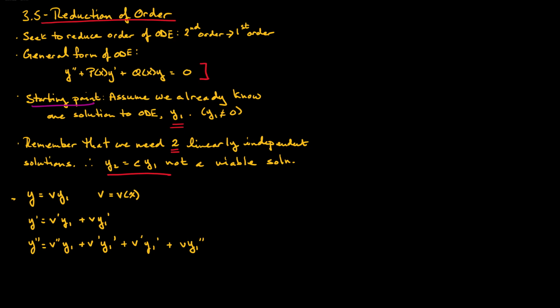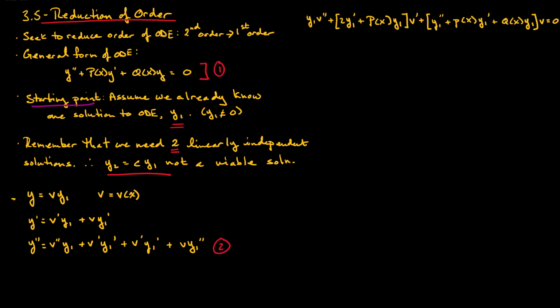So we're going to substitute, and why don't we call this equation 2? We're going to substitute this into equation 1. So substituting 2 into 1 gives us the following expression over here. And we've done a bit of rearranging of variables. Now notice this bracketed term over here.